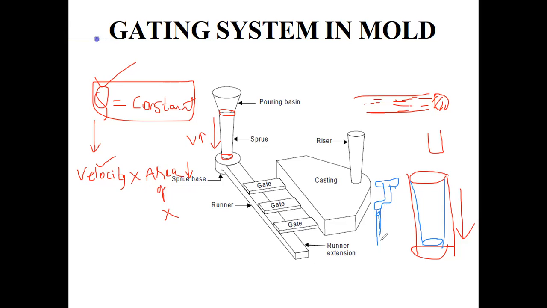But as it moves along, it decreases to almost a point, because it gains velocity. To maintain the same discharge, this will reduce in cross section.